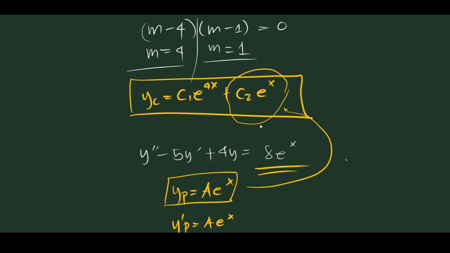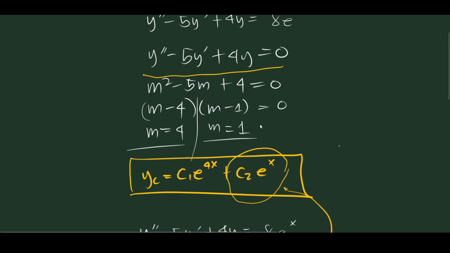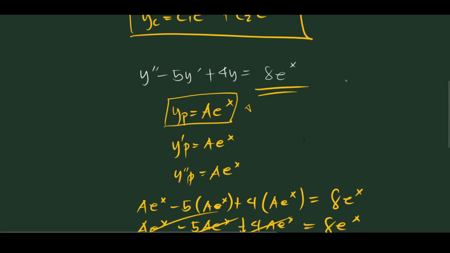So they are both of the same form. We know that e raised to x is a solution to the homogeneous equation, so definitely it will evaluate to 0. So how do we solve this problem? How do we find the solution of our yp then?